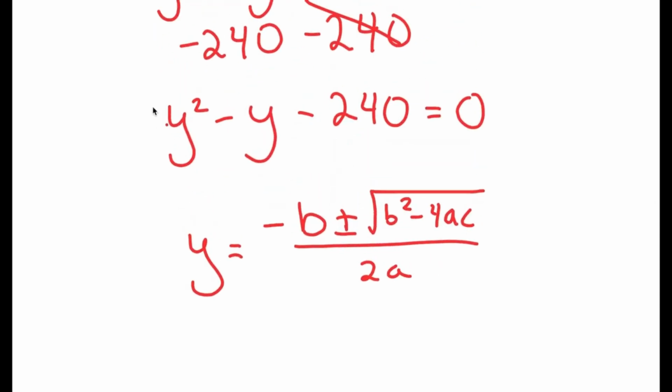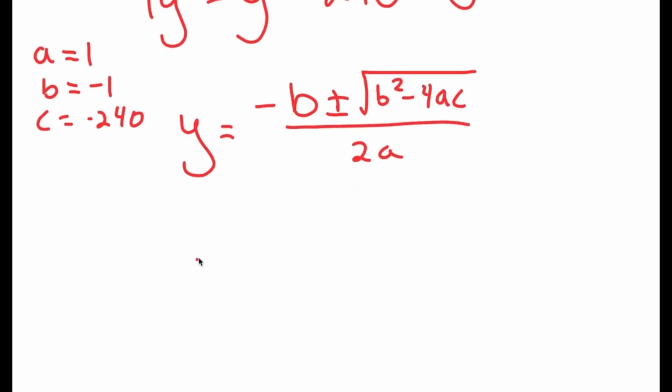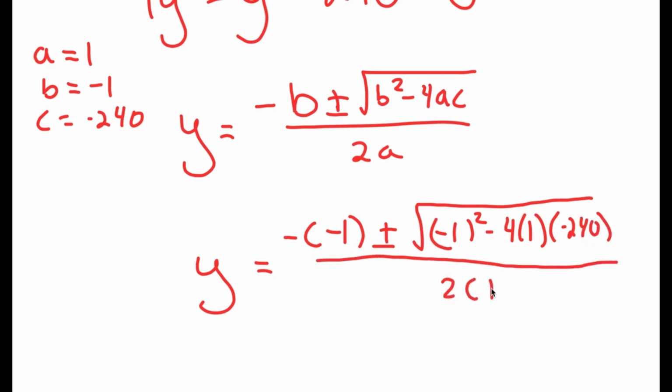So in this case, a is 1, b is negative 1, and c is negative 240. So I get y is equal to negative of negative 1 plus or minus the square root of negative 1 squared minus 4 times 1 times negative 240 all over 2a, so 2 times 1.